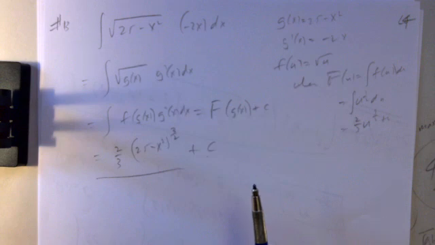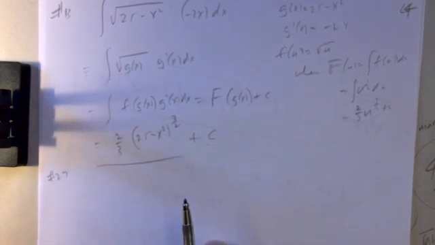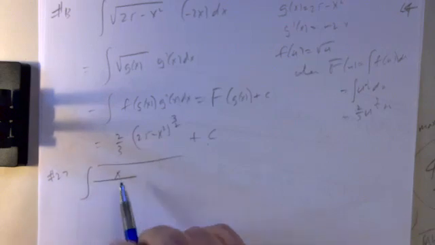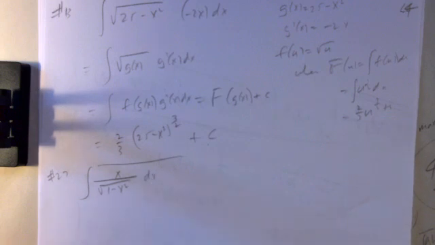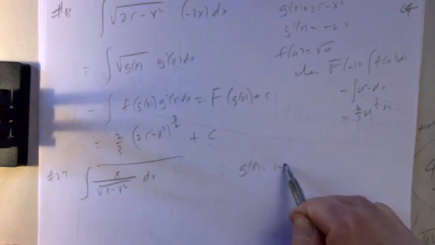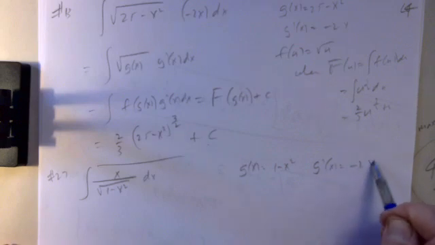Let's do number 27 in the homework. This is the integral of x over square root of 1 minus x squared dx. And again, you should notice that if you were to let g of x be equal to 1 minus x squared, g prime of x is minus 2x.